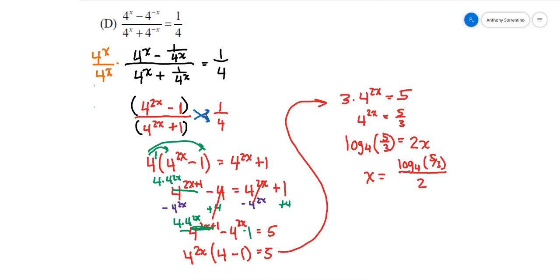Without a calculator that does that, though, you might have to break this down further to get a suitable answer with this. You could use properties and whatnot. I'm just going to use the change of base formula. I'm going to have x equals the log of 5/3 over the log of 4, all over 2.